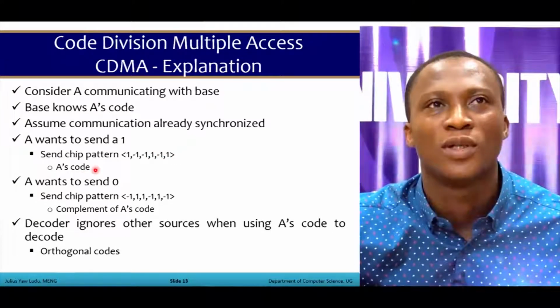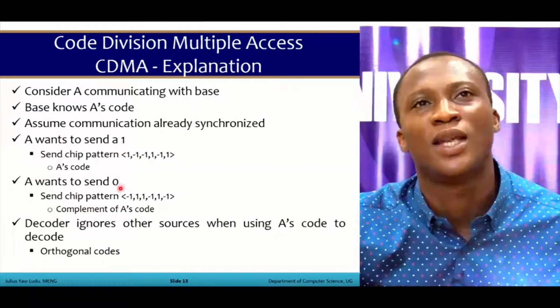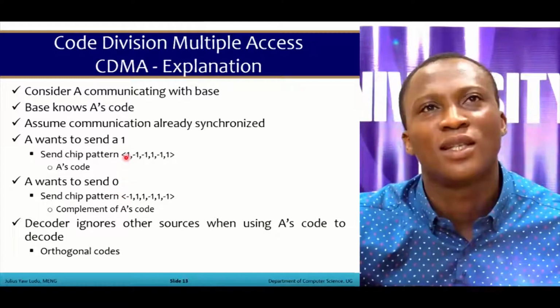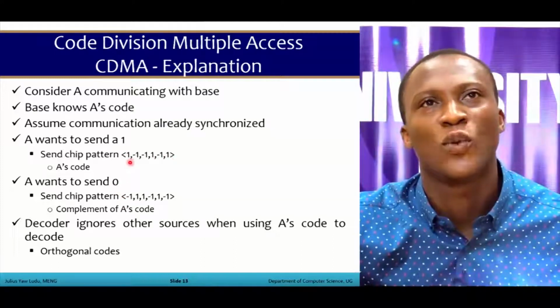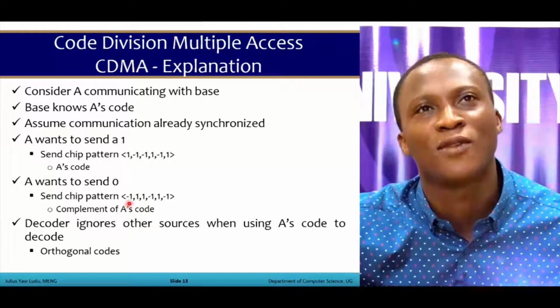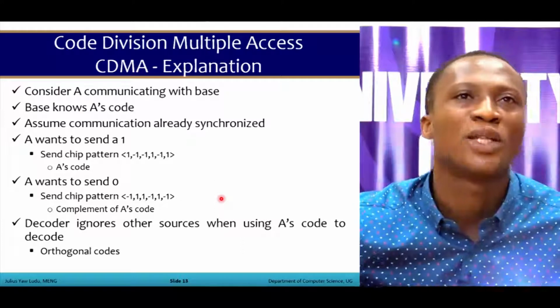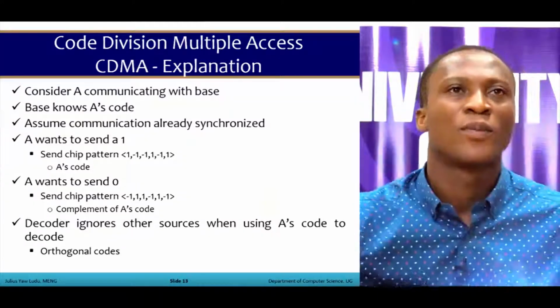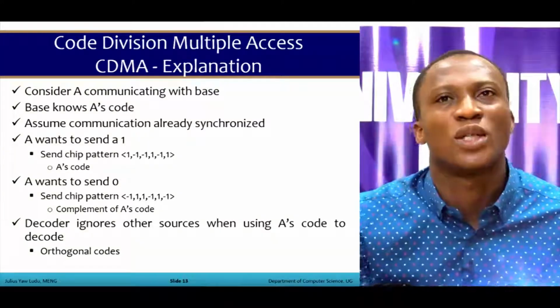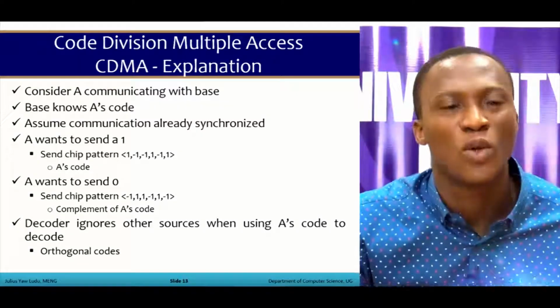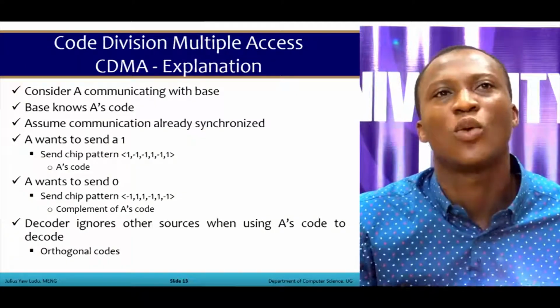That's A's code. If A wants to send 0, A will invert this code. So instead of 1, we'll get negative 1, and instead of negative 1, we'll get a 1. That's the complement of A's code. The decoder ignores other sources when using A's code to decode, and this we are calling the orthogonal code.